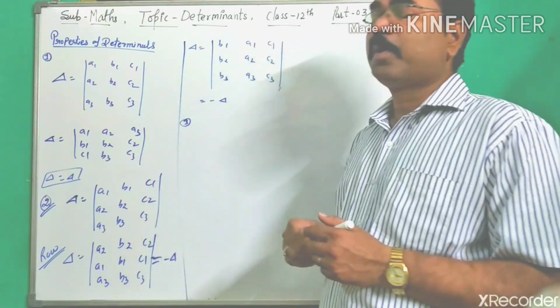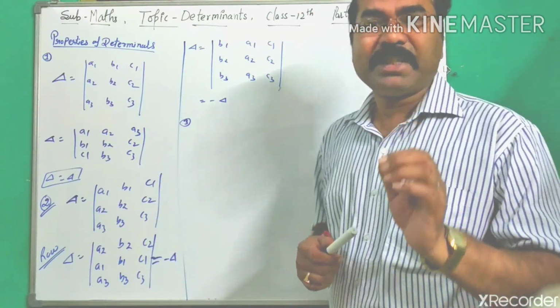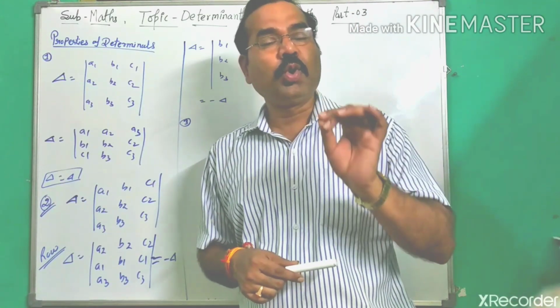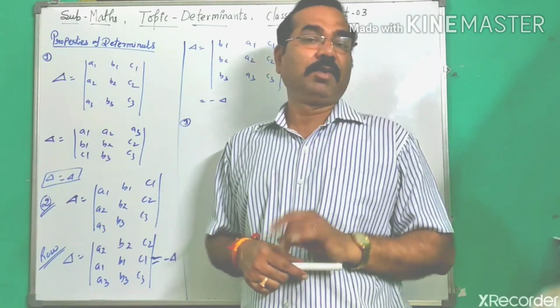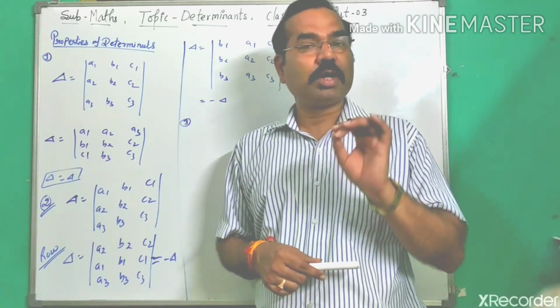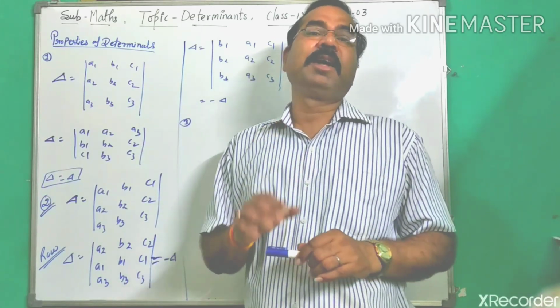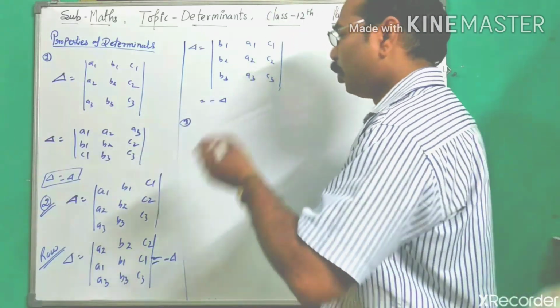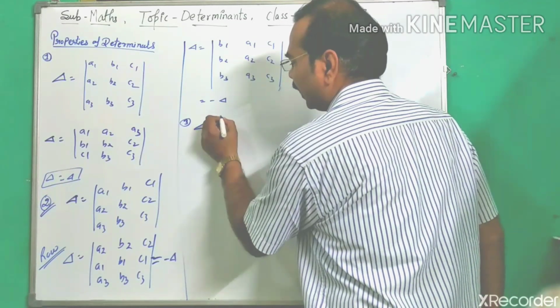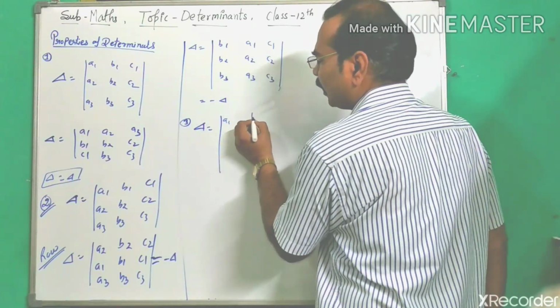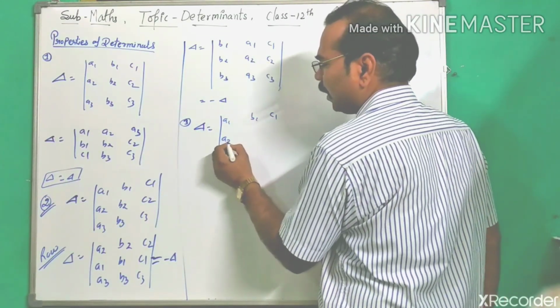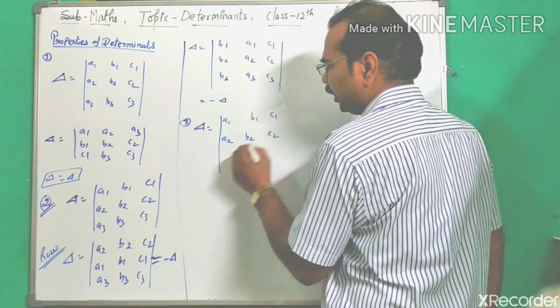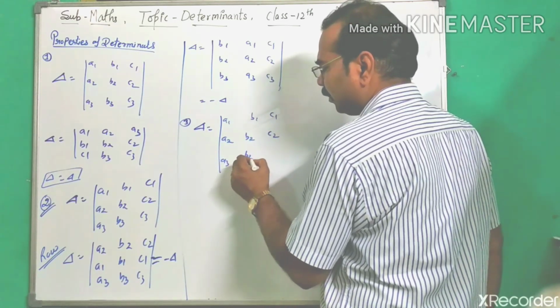Okay, so now the third property: suppose you are given any determinant, and two rows or two columns are equal. Then the whole determinant value comes to 0. Suppose del has the value A1, B1, C1, A2, B2, C2, A3, B3, C3.